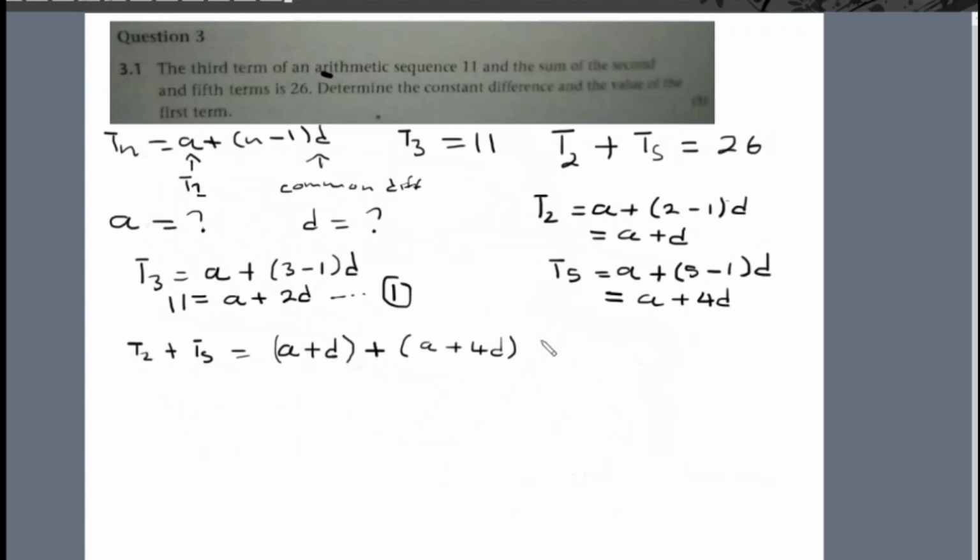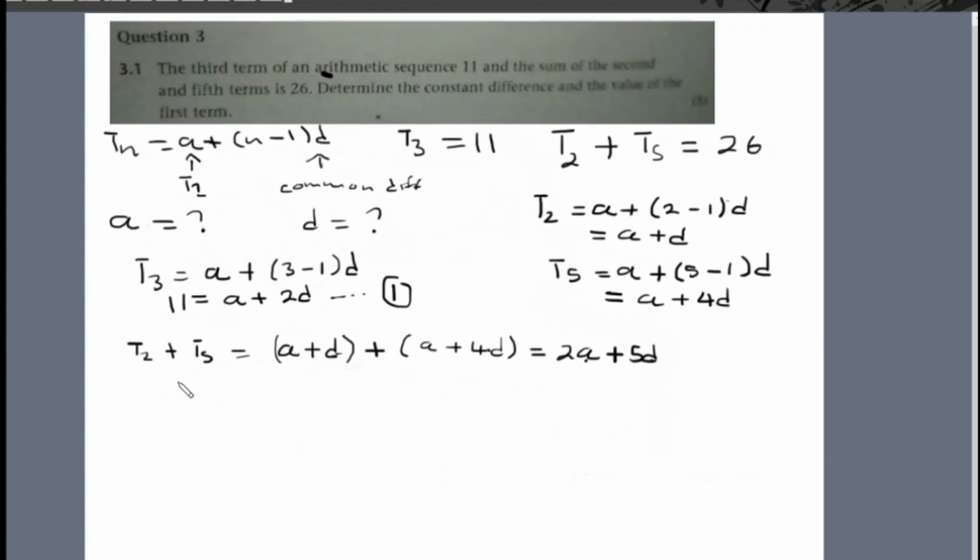So this is equals to a plus a, that's 2a, d plus 4d, that's 5d. So T2 plus T5 is equals to 2a plus 5d. At the same time, T2 plus T5 is 26.